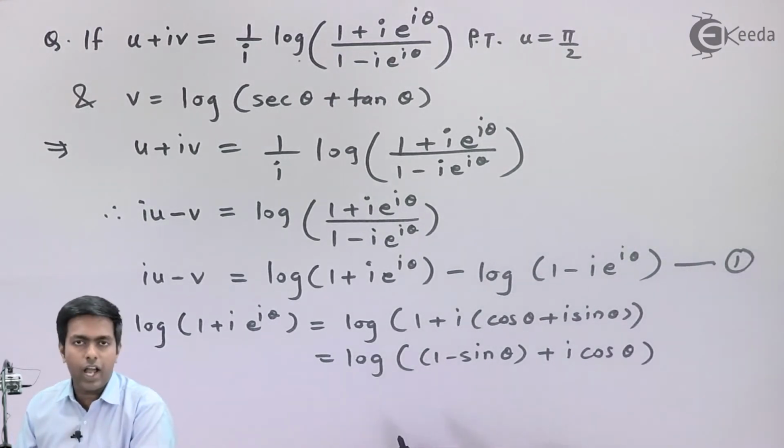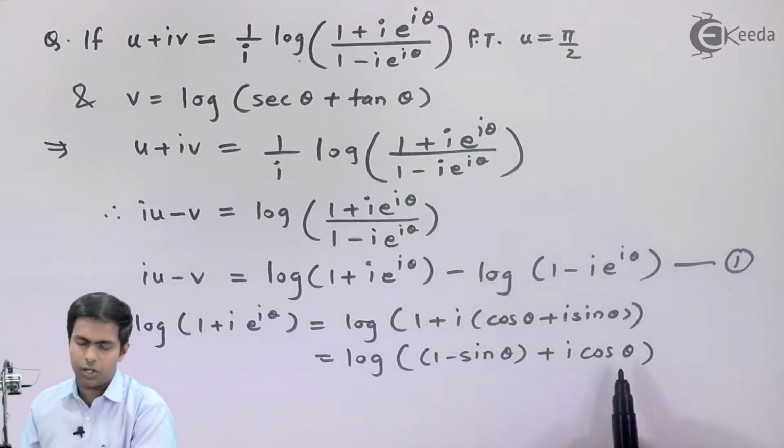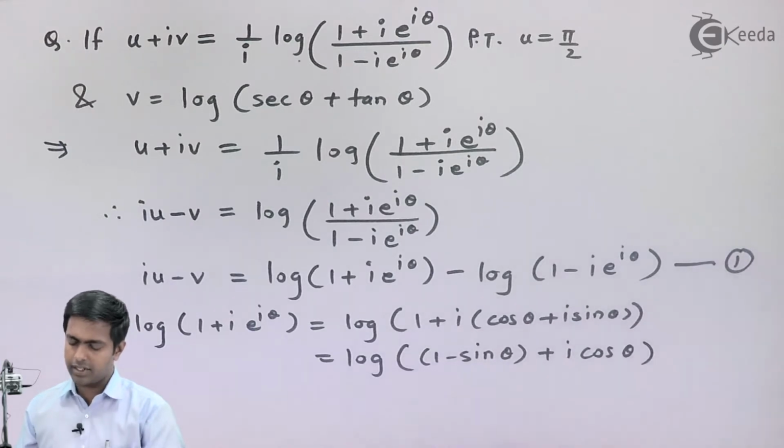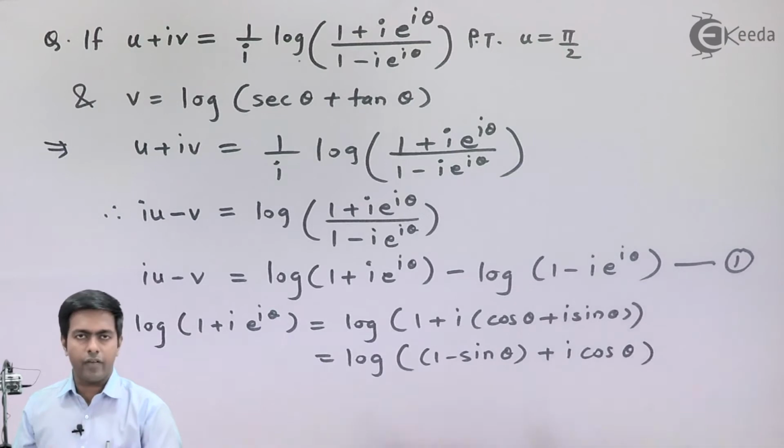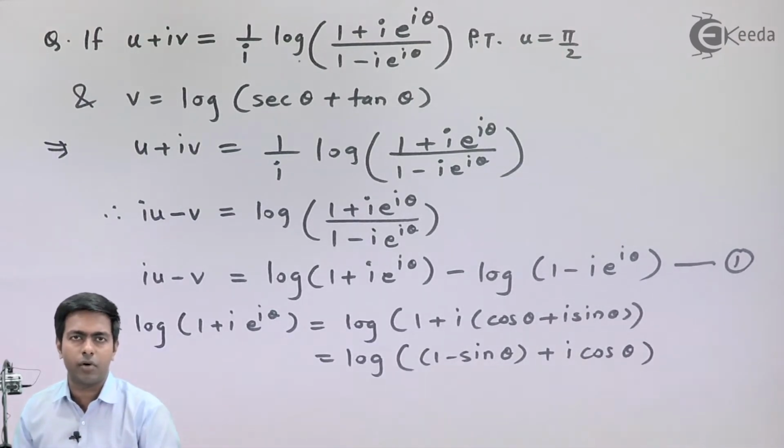Now we have to find the log of this term, where 1 minus sin theta is the real part and cos theta is the imaginary part, and we all know the formula for logarithm of a complex number.